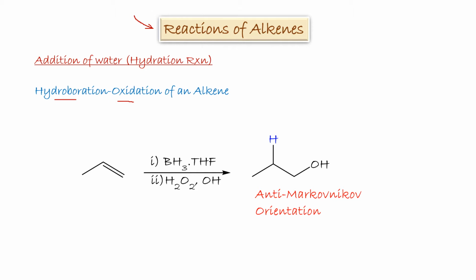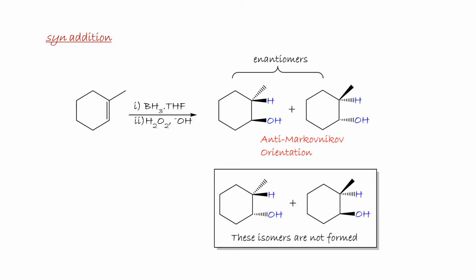In this case we take the alkene in two steps, add borane and tetrahydrofuran, and then the product is treated with hydrogen peroxide in base to give alcohol in anti-Markovnikov orientation, where the hydrogen is attached to the carbon carrying less hydrogen. And also the addition is syn addition.